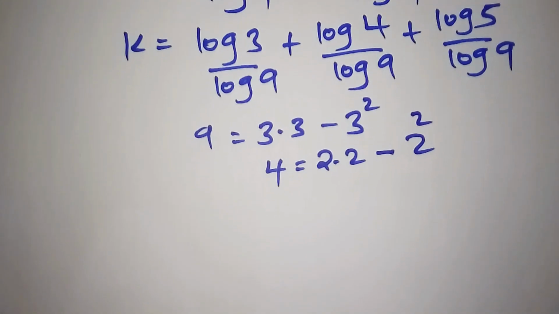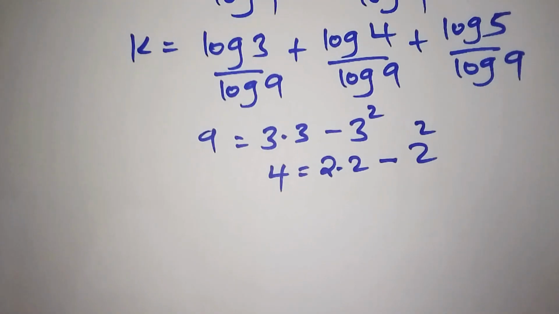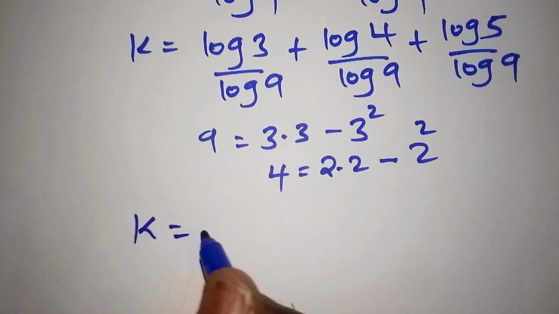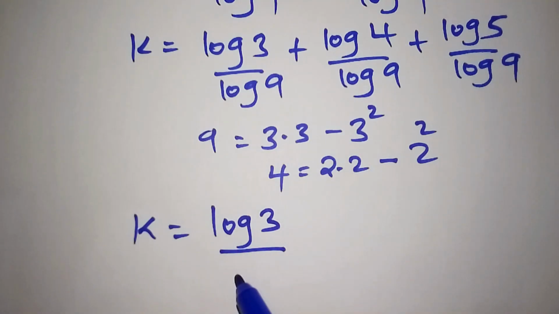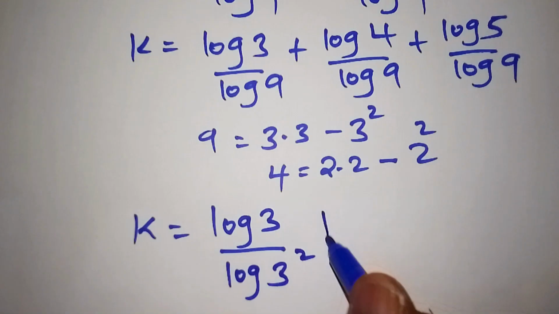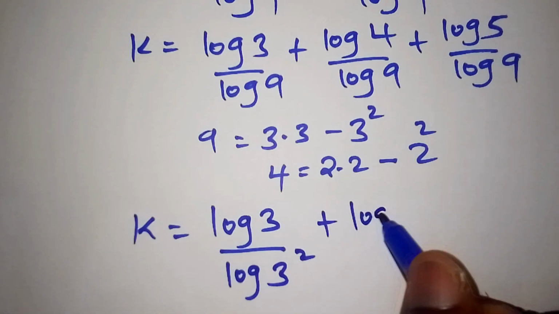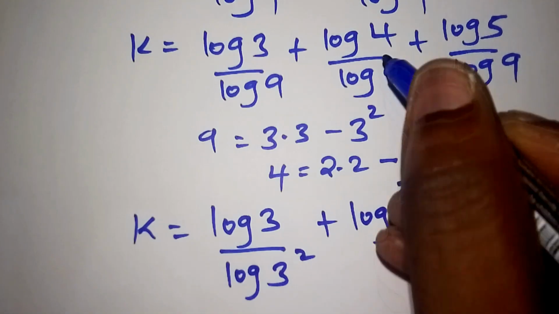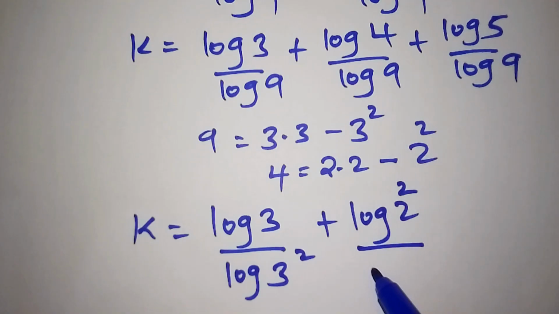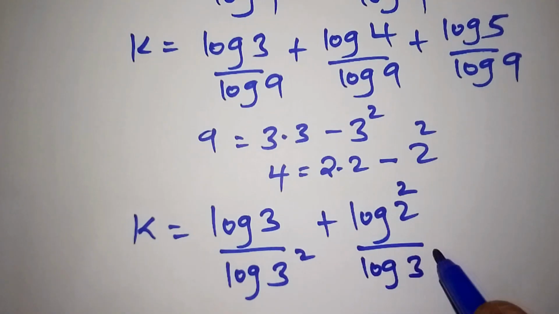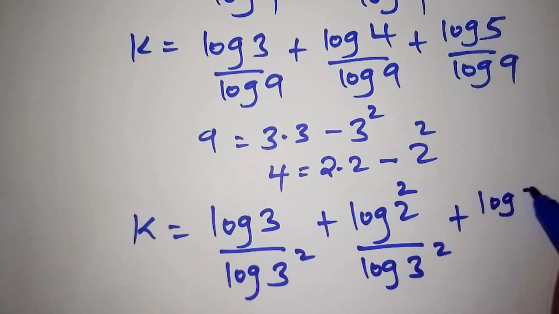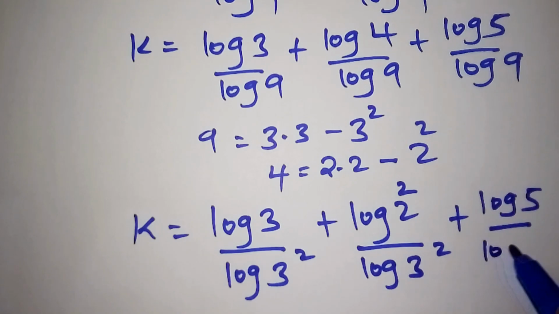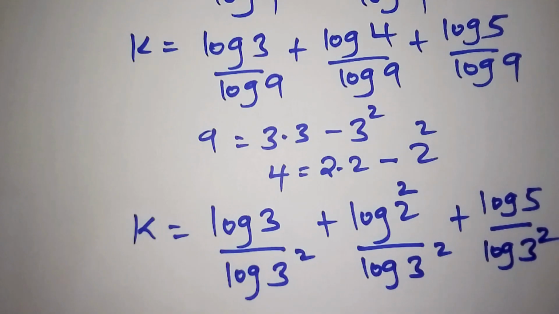So our value for k is log 3 all over log 9, which we can have as the log of 3 to the power of 2, plus log 4, which can be written as the log of 2 to the power of 2, all over the log of 3 to the power of 2, plus log 5 all over the log of 3 to the power of 2.